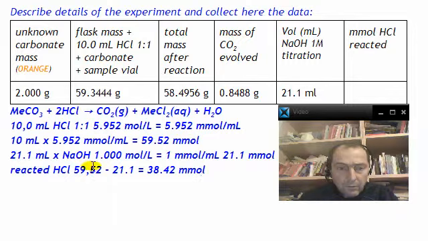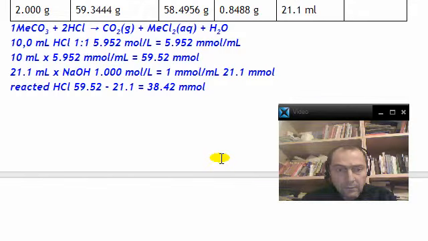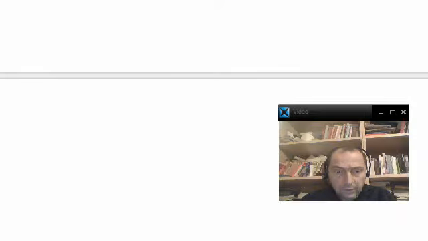Okay, and this quantity can be put in relation with the quantity of carbonate, because from the balanced reaction equation we see that each mole of carbonate reacts with 2 moles of hydrochloric acid. So the amount of carbonate should be the half part of that.